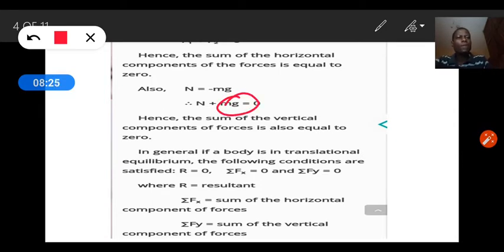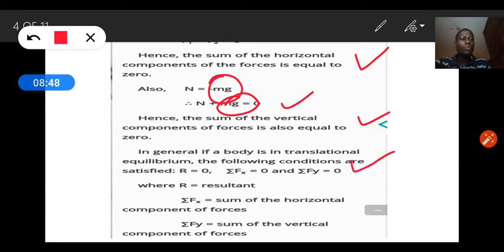If I bring this one to my left, it gives me this equation. It becomes positive. It means the sum of the vertical component of forces is also equal to 0, and the sum of the horizontal is equal to 0. This is the condition that we need now to tackle our problems.